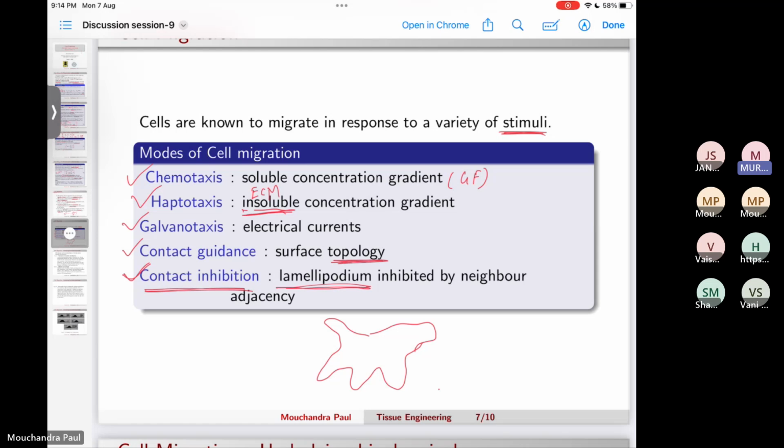Yes, ma'am. These are very miniature level happenings, right? What kind of experiments or studies do we do to understand how it happens? We will talk about it. We'll talk about the experiments that people use to measure cell migration and quantify it using some mathematical expressions.